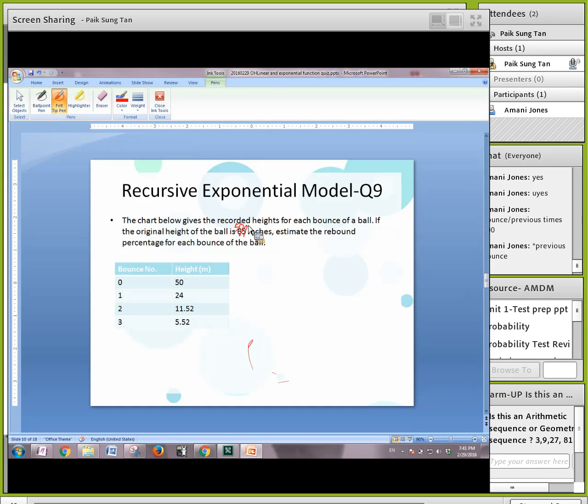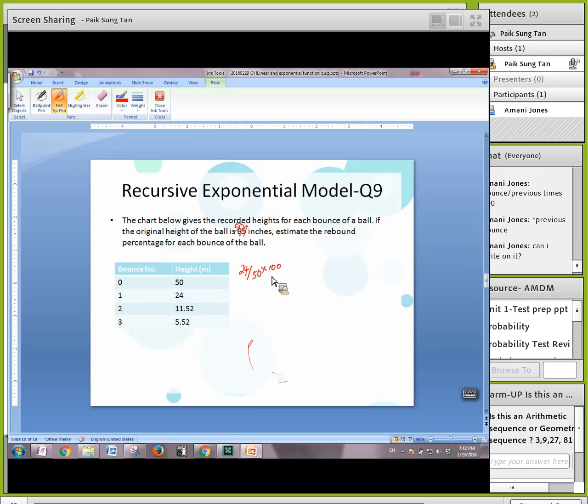That's great. So based on this table, can you tell me what is the rebound percentage of this ball? You would actually calculate the rebound percentage on each of them.